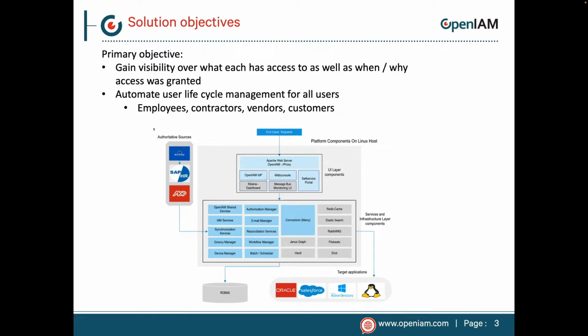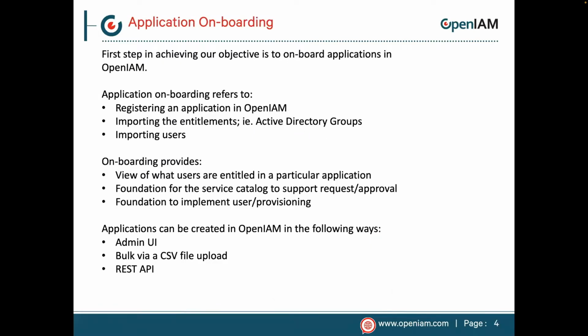You can see from our diagram that the end goal is that we may have one or more authoritative sources, and then one or more target systems. Target systems are the applications that we want to write user and other information into, to be able to create users, modify them, and delete them.